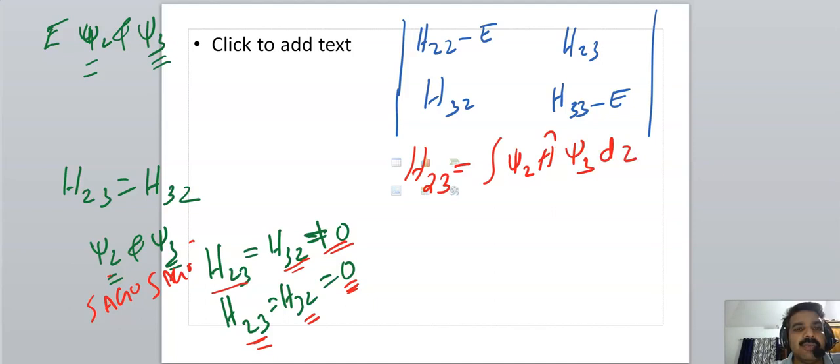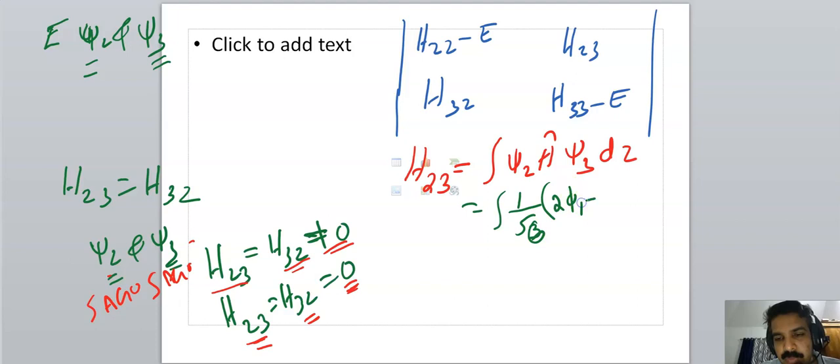Then what is psi 2? Psi 2 is equal to 1 by root 6 into (2 phi 1 minus phi 2 minus phi 3).